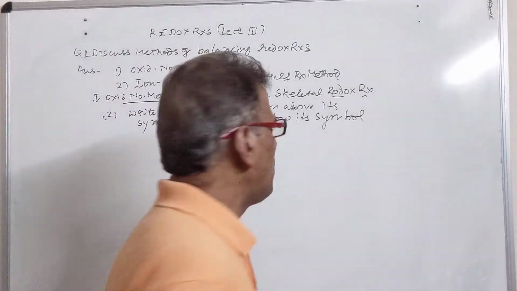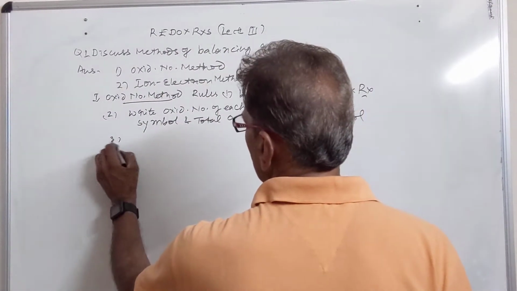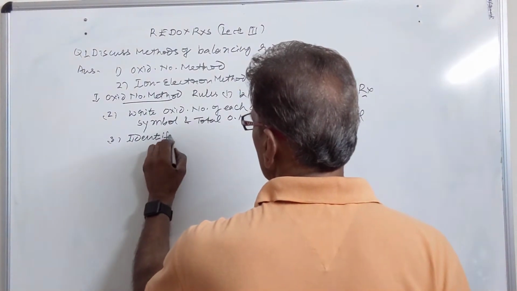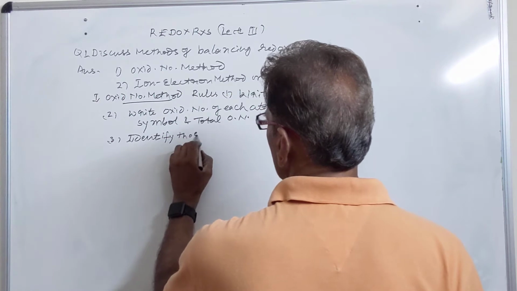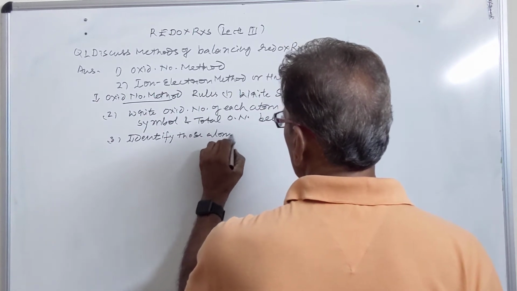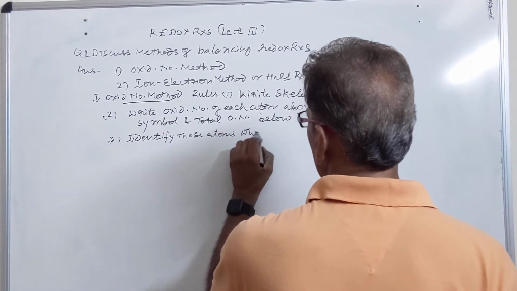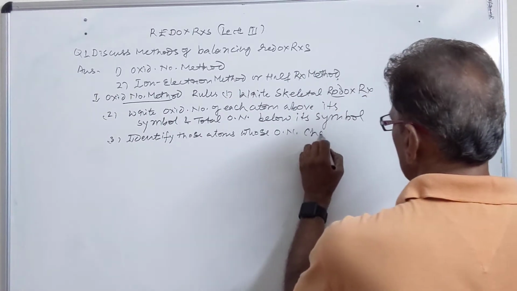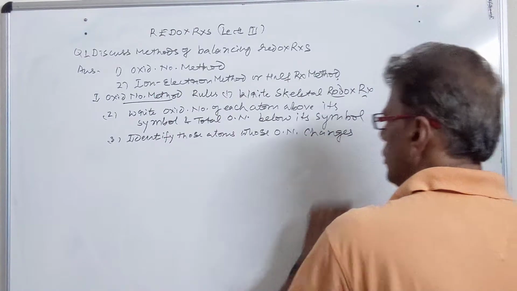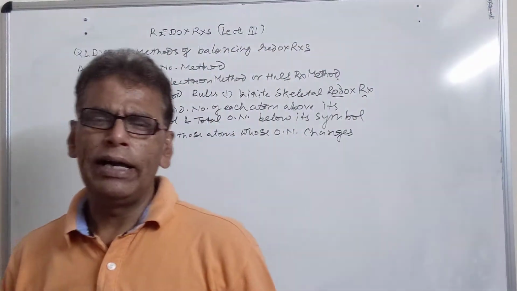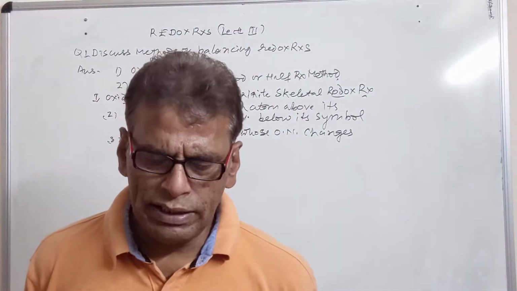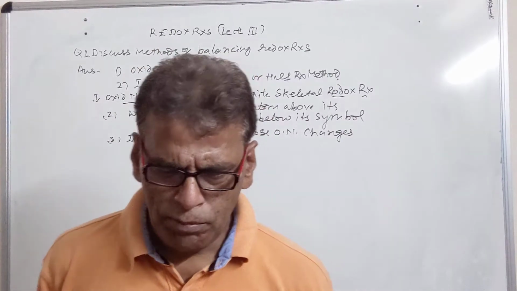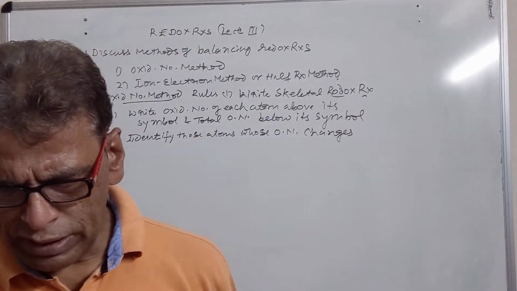Then identify those atoms whose oxidation number changes. Some of the atoms might be suffering a deficit in oxidation number, some of them might have an excess of oxidation number.